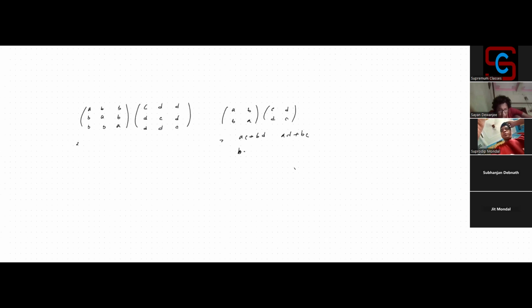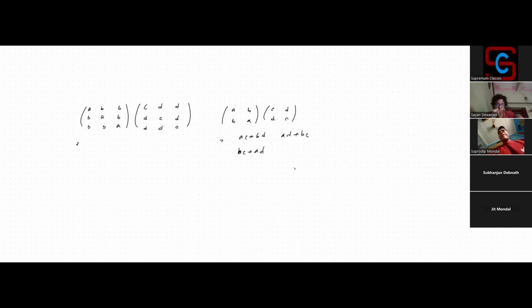You can try for 2 cross 2. Yes, it is coming out to be symmetric.